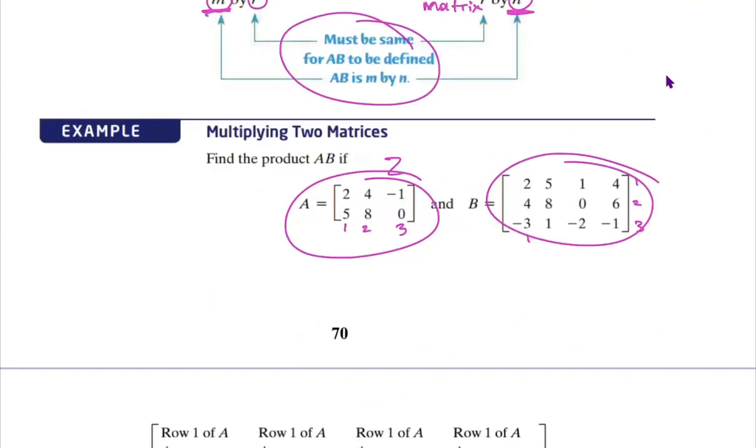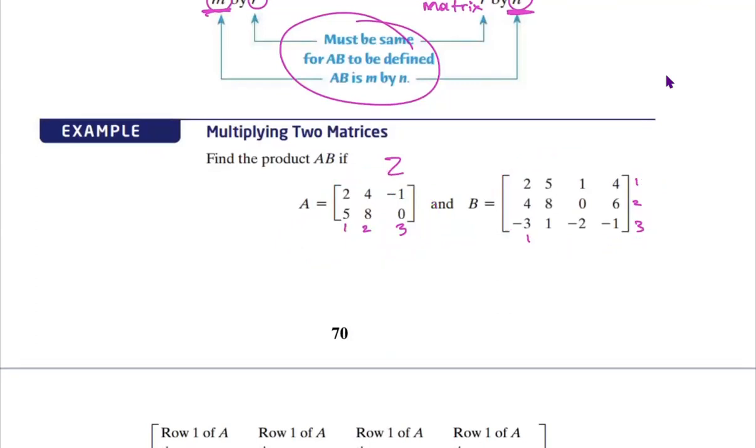We know this product is possible because the first one has 3 columns, the same as the 3 rows of the second.